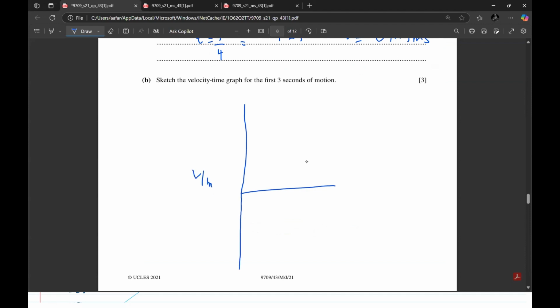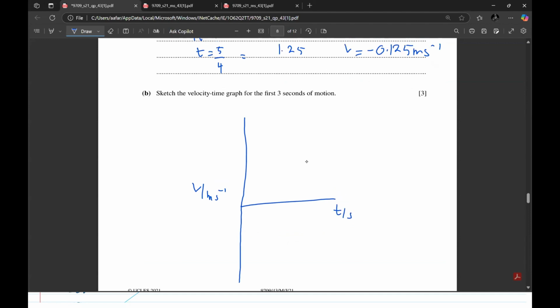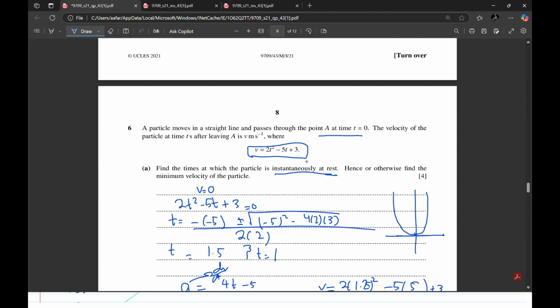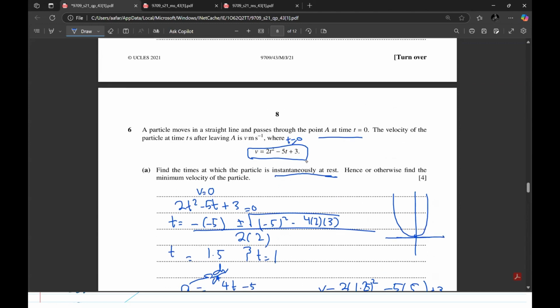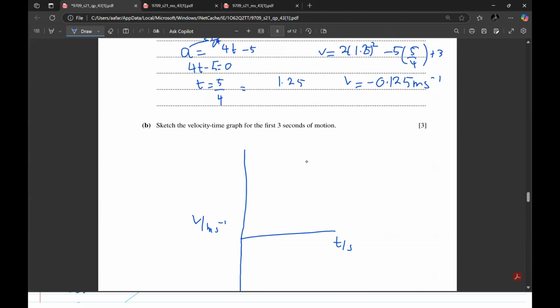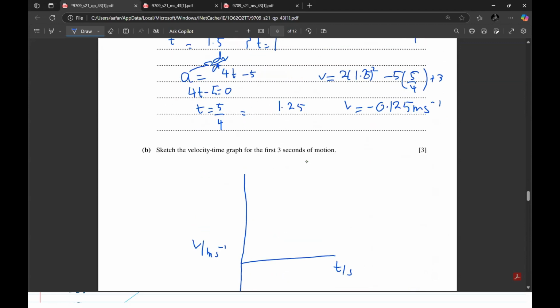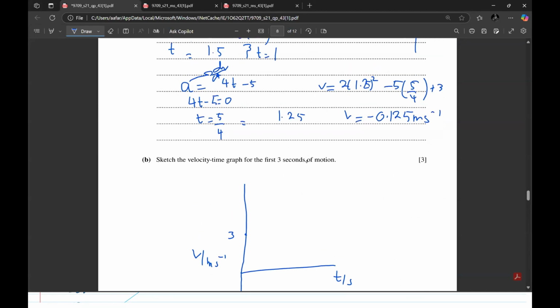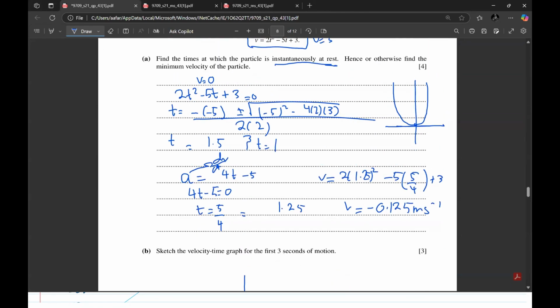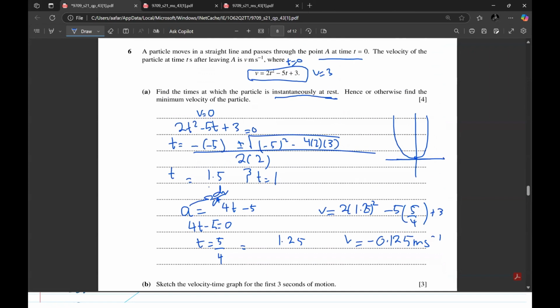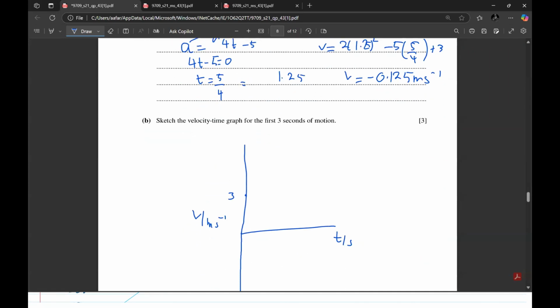This is v, meters per second, and t, seconds. So we know when t is equal to 0, then we get v is equal to 3. So the initial starting point is 3. Then we know that it is 0 at t equal to 1 and t equal to 1.5. So let's say this is 1.5.